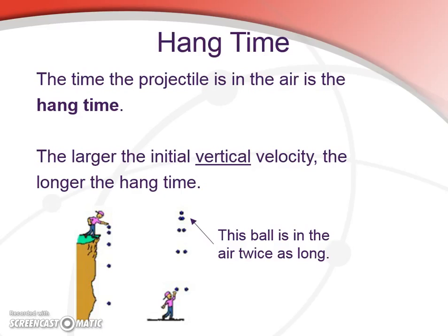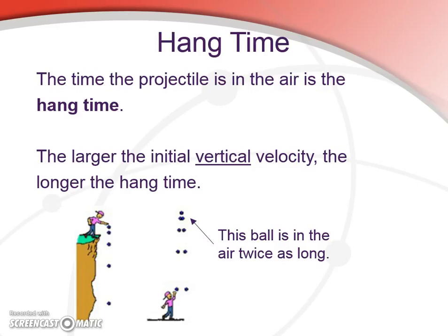Now, the duration of the experiment actually has its own term. It's called the hang time, the amount of time the projectile's in the air. And we can say that if we're firing something into the air, the higher the initial vertical velocity, the longer the hang time will be.